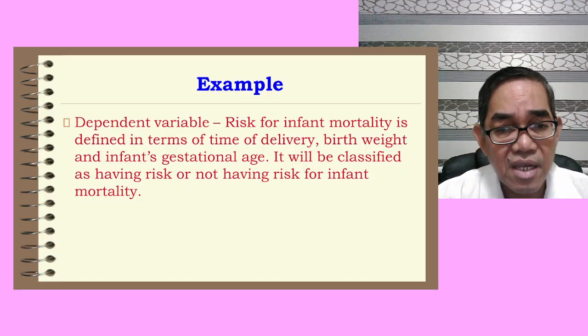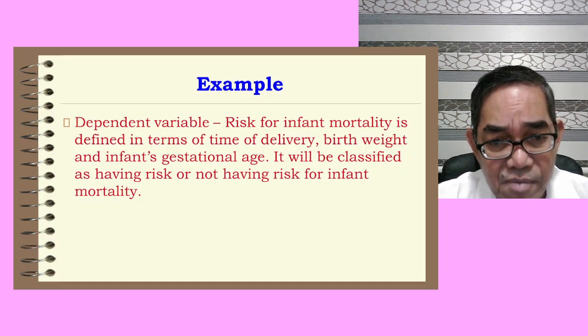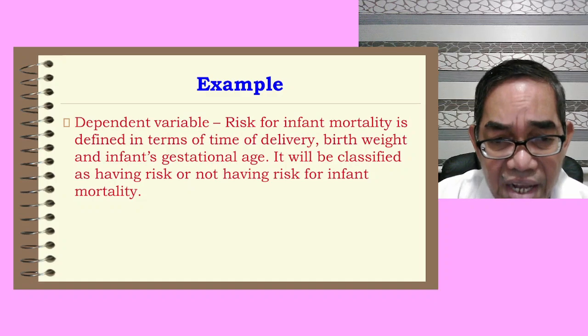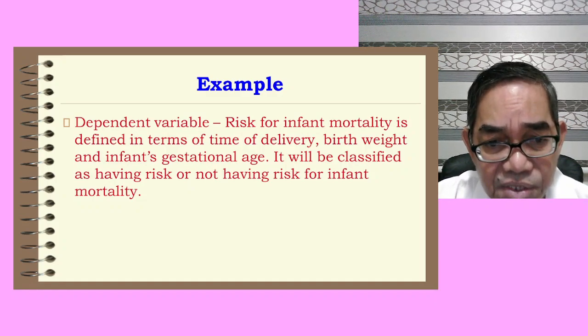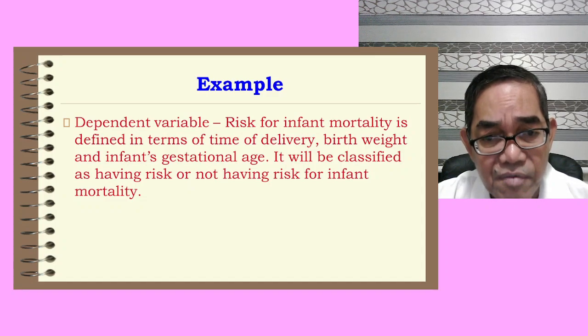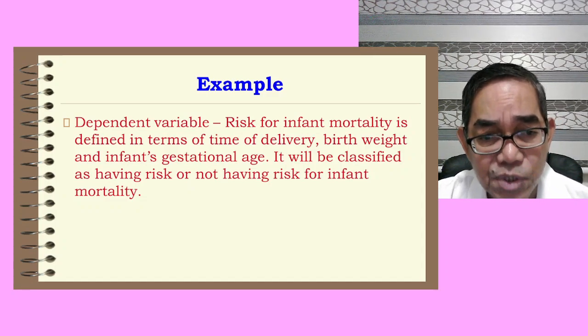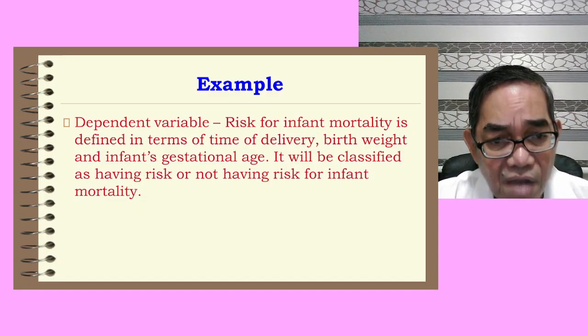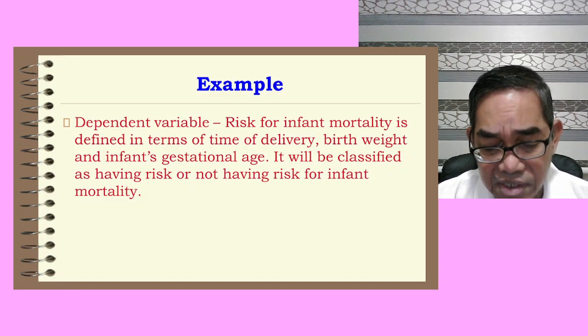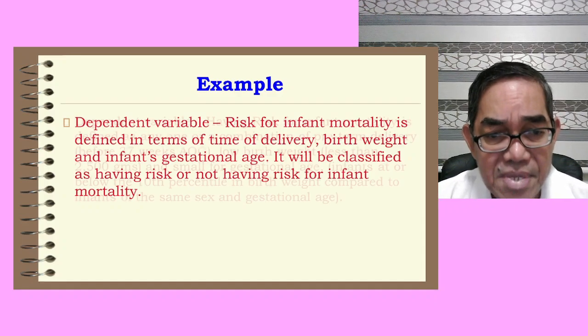The time of delivery, birth weight, and gestational age are all quantitative, but if you classify them as having risk or not having risk, this becomes qualitative. The dependent variable now becomes qualitative. And we need to define operationally what having risk and not having risk for infant mortality mean.